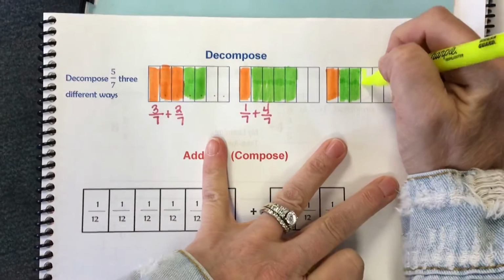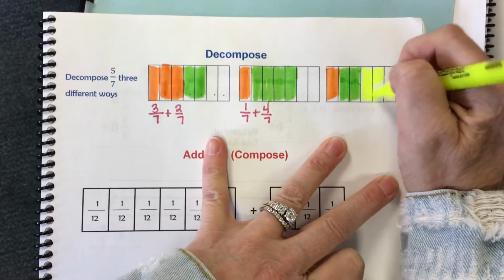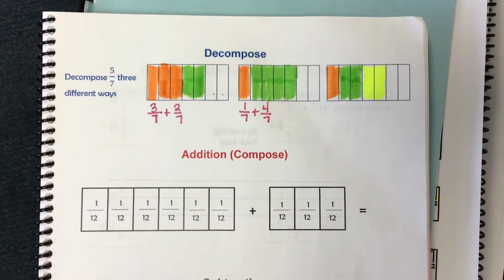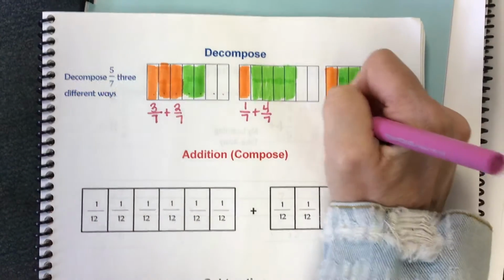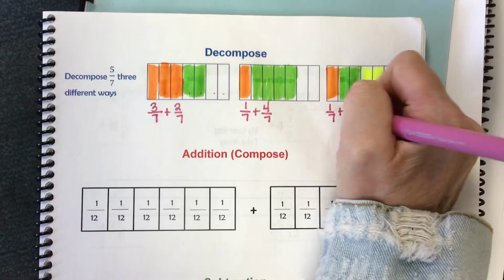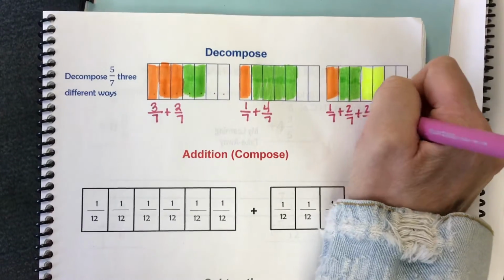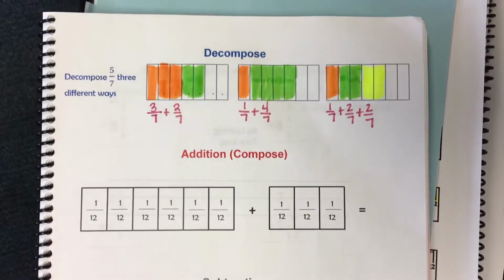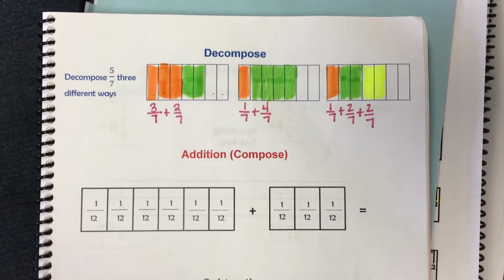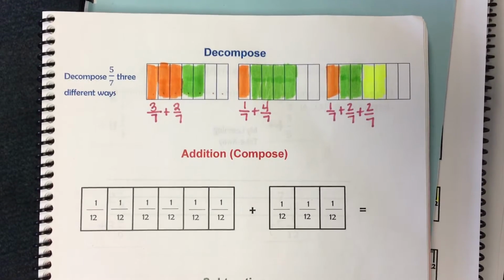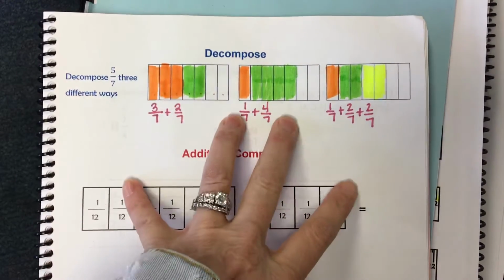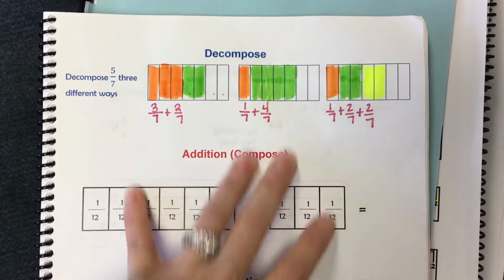And that's another way to decompose 5/7 into smaller fractions. 1/7 plus 2/7 plus 2/7. So when you come across a question on a quiz or a test or a Practice Buddy 9-2, that is what the word decompose means.